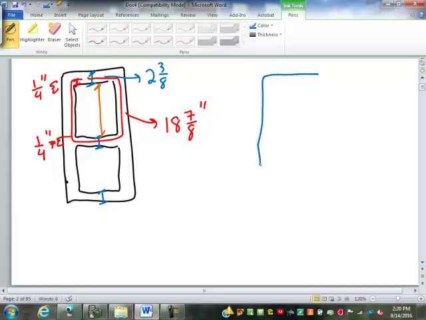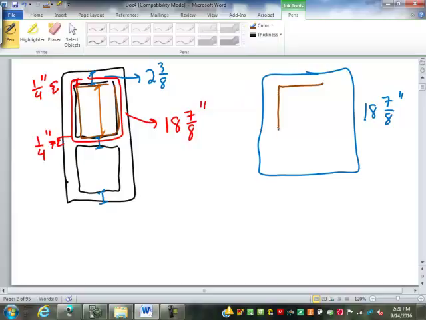This is our panel, and that full panel is 18 and 7/8 inches. We want to know how much of that is exposed here in the middle if 1/4 inch on each side is buried into the rails.